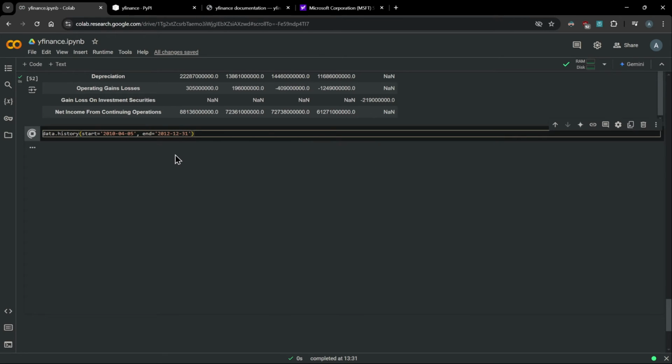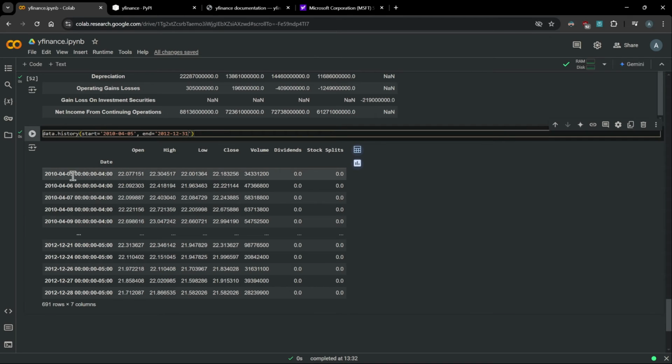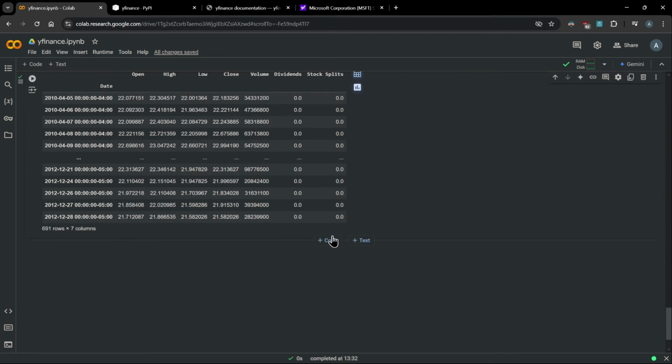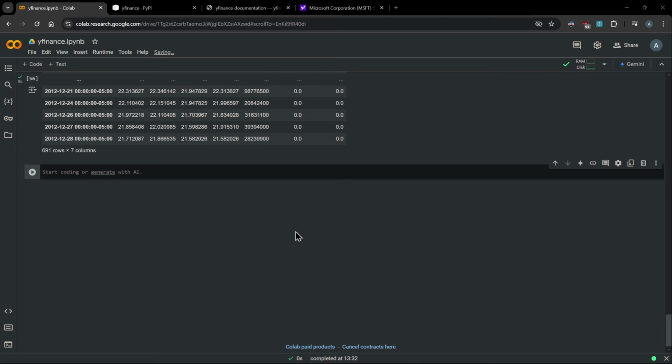Yes. So you get this information also. So that is another parameter that you can give into the data.history variable.